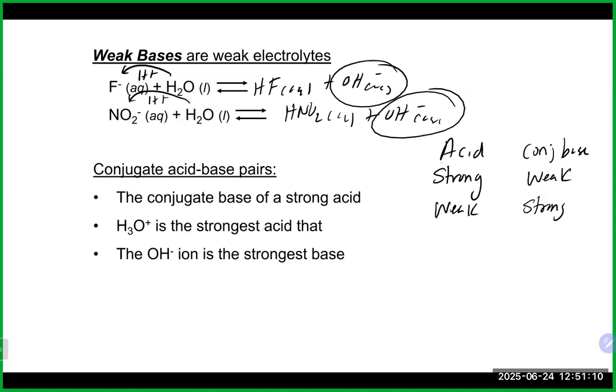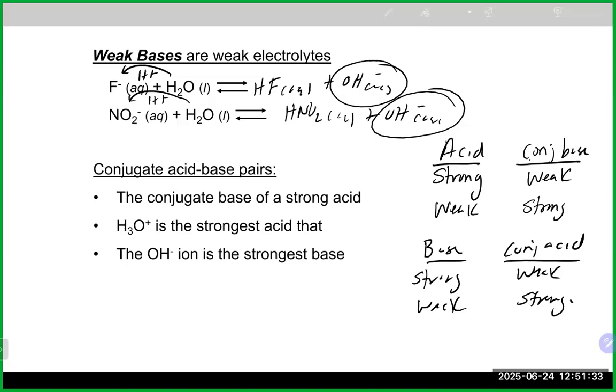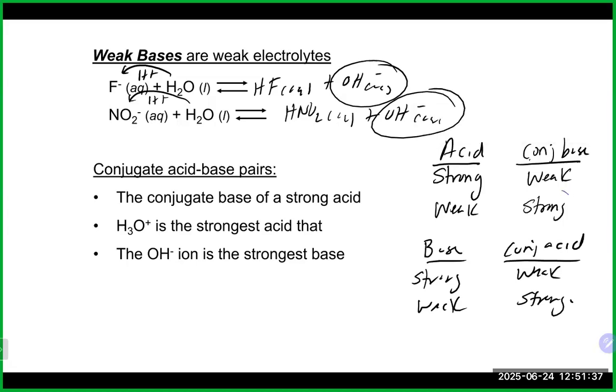Now, same thing will happen for our base and conjugate acid. If you have a strong base, your conjugate acid is going to be relatively weak. And if you have a weak base, its conjugate acid will be relatively strong in this case. So what are we talking about when we say strong in this situation? It'll probably become clearer later on as well.